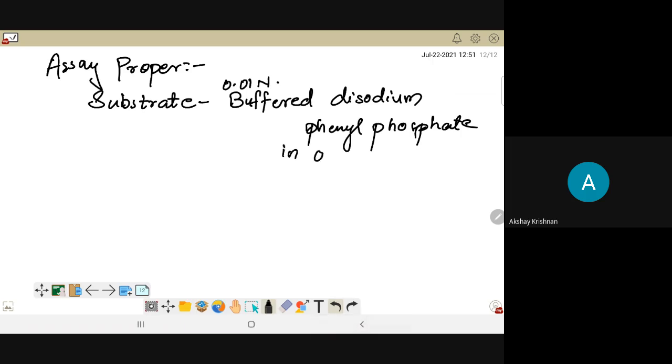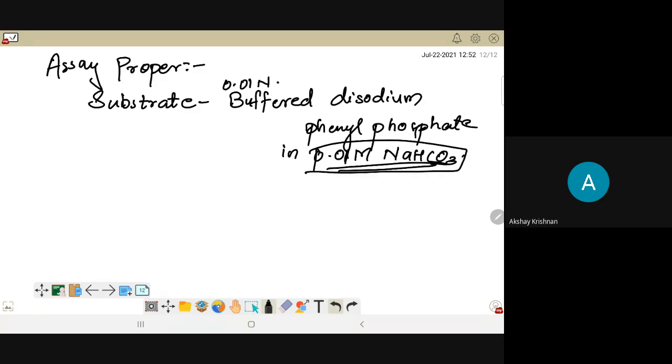And this is made in 0.01 molar NaHCO3. That's why you call it buffered disodium phenyl phosphate. Okay, a very low concentration of NaHCO3 so that you can dissolve the substrate there. Now this is such a low concentration that it will not do anything to the enzyme substrate interaction.